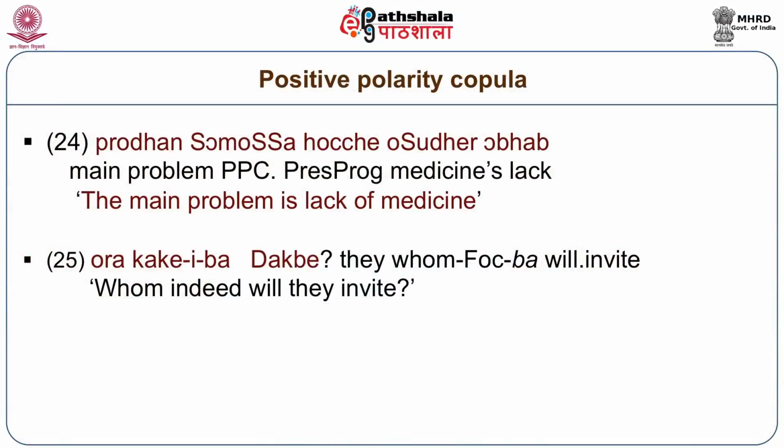The main problem is lack of medicine, which is peculiar because that verb to be, the copula হচ্ছে, is a positive polarity copula. It doesn't occur in the environment of negation, and it very strangely occupies the medial position in the sentence, although Bangla is a language where verbs normally pick the canonical position at the end of the sentence and prefer that position.